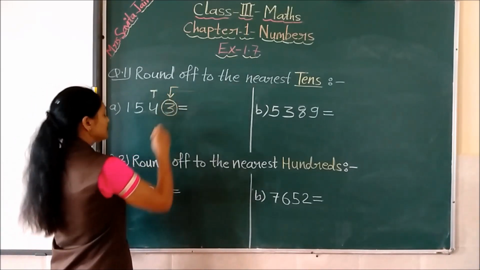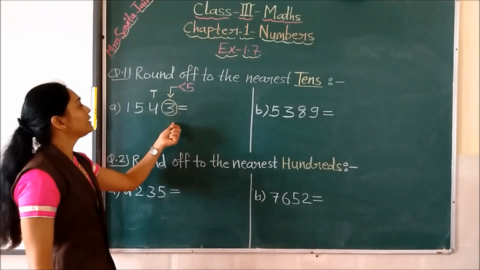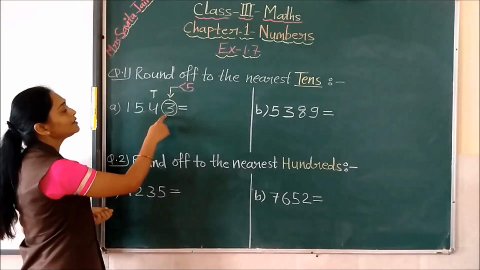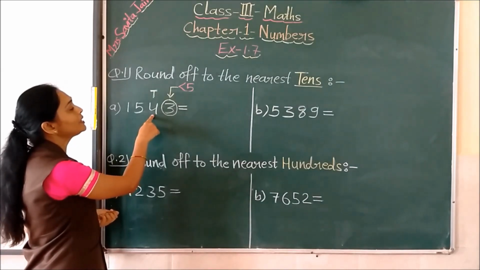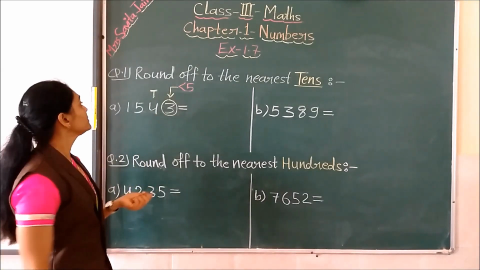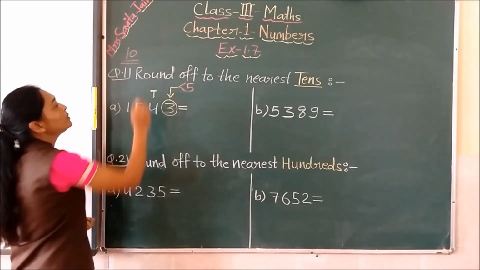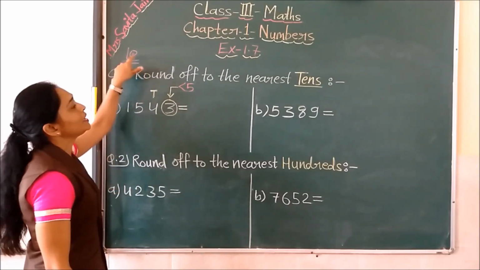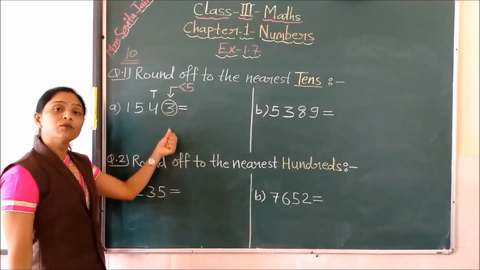So let's see, this is 3 on the ones place. It means this is less than 5. Yes children, this is less than 5. It means this 4 will remain 4. And when we see the 10, in 10 how many zeros are there? 1 zero. It means when we want to write any number in tens, the last digit is 0.